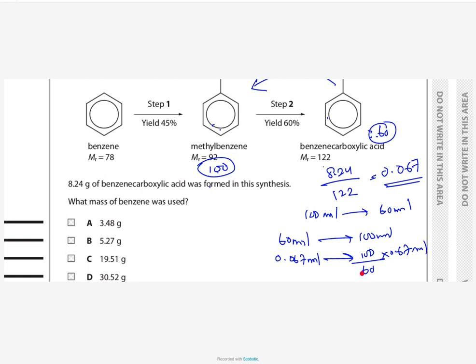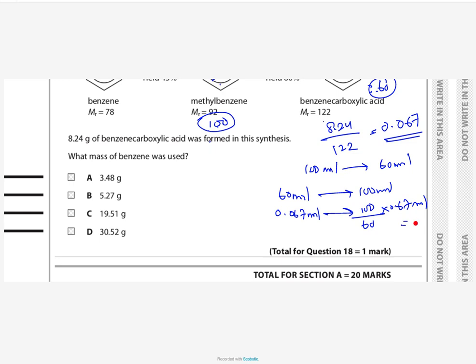Here the answer is 1.116 moles. So here the moles will be 1.116 moles is what we get. So 1.116, 60% is 0.67. And then repeat the same thing again for the other step.